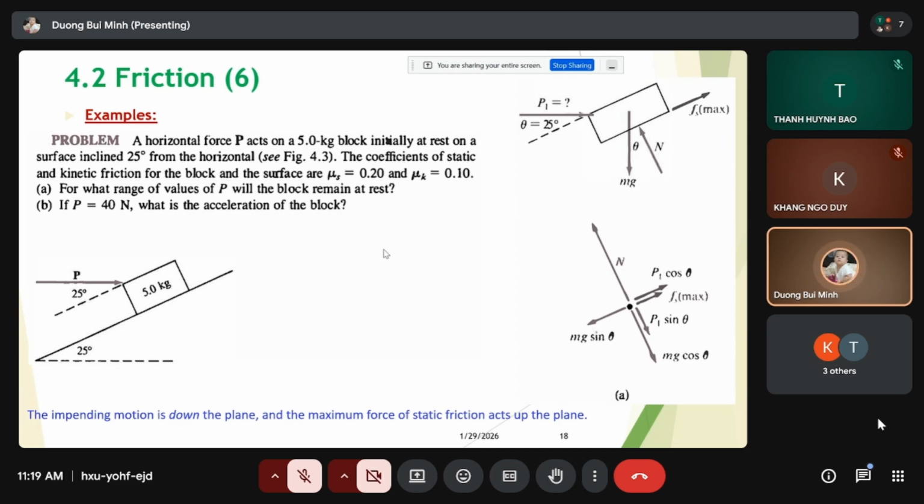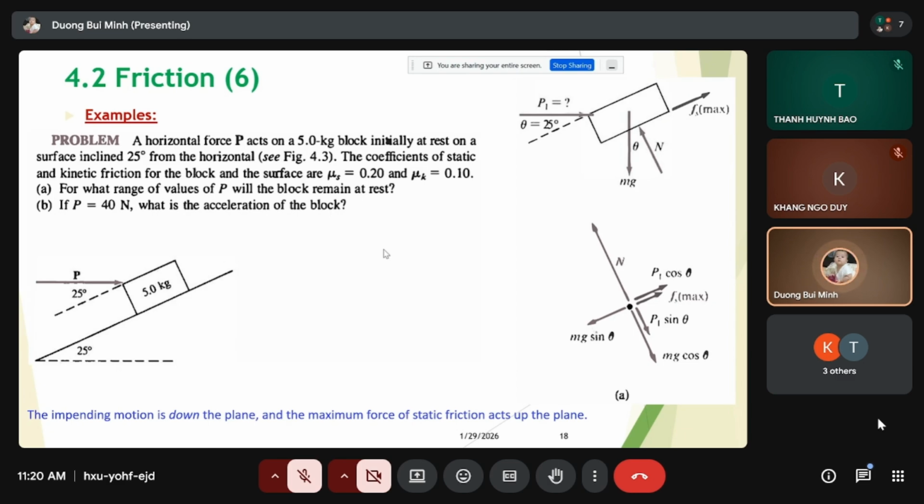What range of the values of V will the block remain at rest?